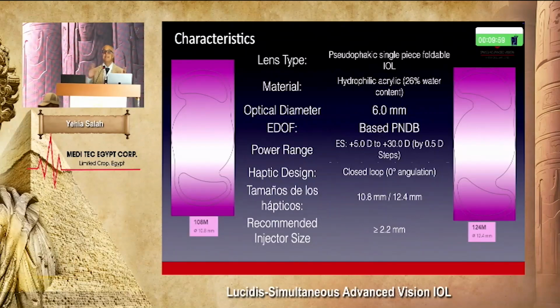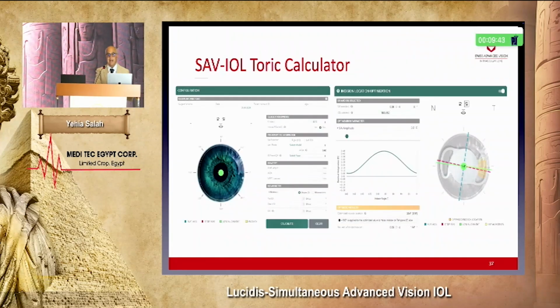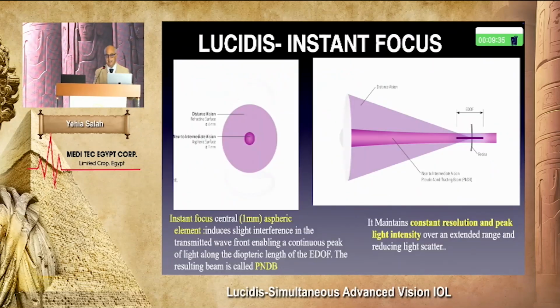There are two sizes you can fit, but in Egypt we have the 12.4 millimeter, which is more commonly used, but there is another size that you can fit in particular cases. There is also availability of the toric lens and the toric calculator, which is a great advantage, and the closed loop haptics decrease the possibility of rotation of this lens.